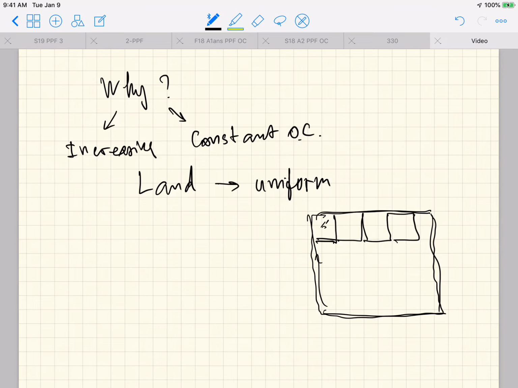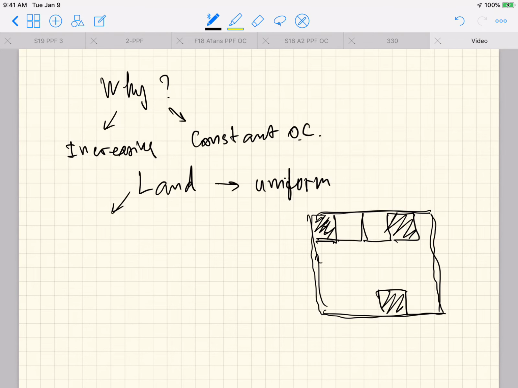So this lot is as good as this one, or just like this one. So every time you take one out of agricultural use, you're losing exactly the same amount of agricultural stuff. And that will make the case of constant opportunity cost, because each additional workshop will cost you exactly the same in terms of how much agricultural produce you will lose.